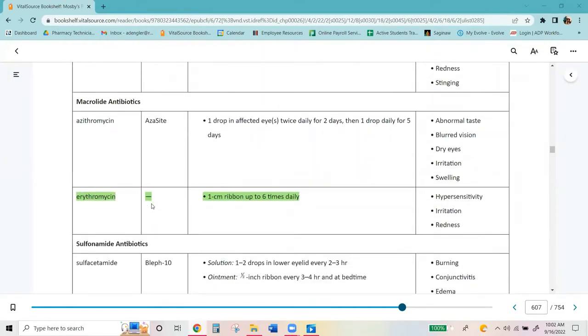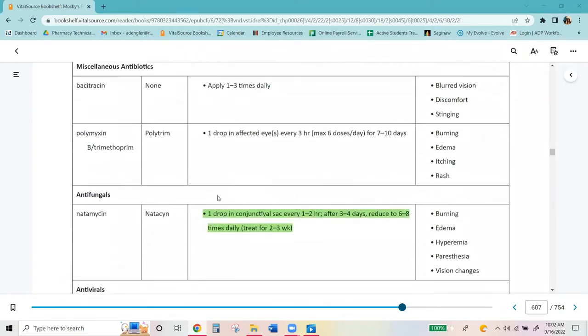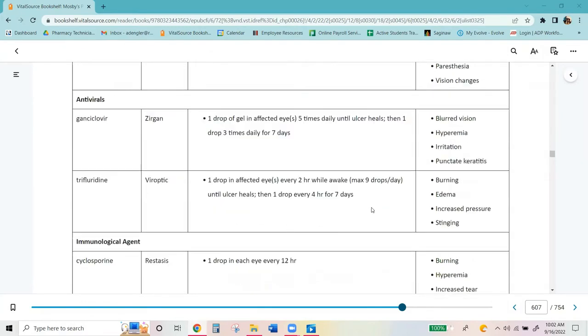This is an ointment. It's very popular for styes and other infections. You apply a 1 centimeter ribbon into your eye up to 6 times daily. Natamycin is an antifungal. We use 1 drop in the conjunctival sac every 1 to 2 hours.